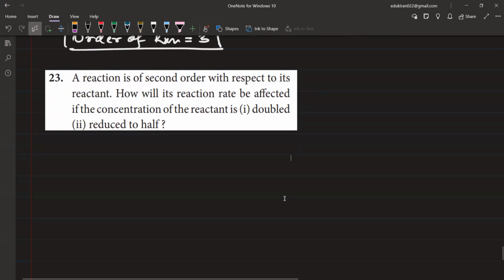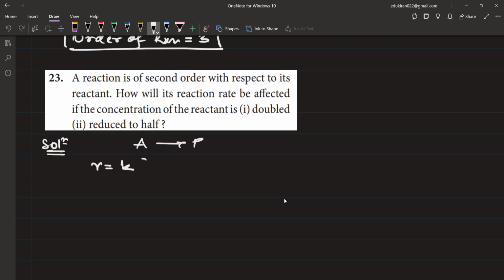Now, first thing, plain simple rate of reaction. Whenever you get this type of question, first of all you will write the plain simple rate of reaction. That means R is equal to, let us suppose the reaction is A giving me some product P. So R is equal to rate constant into the concentration of A. What should be the power of A? Tell me, guys, according to the question.